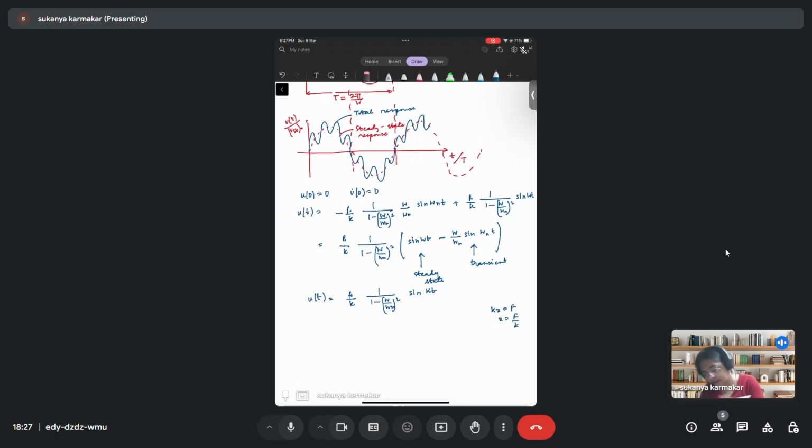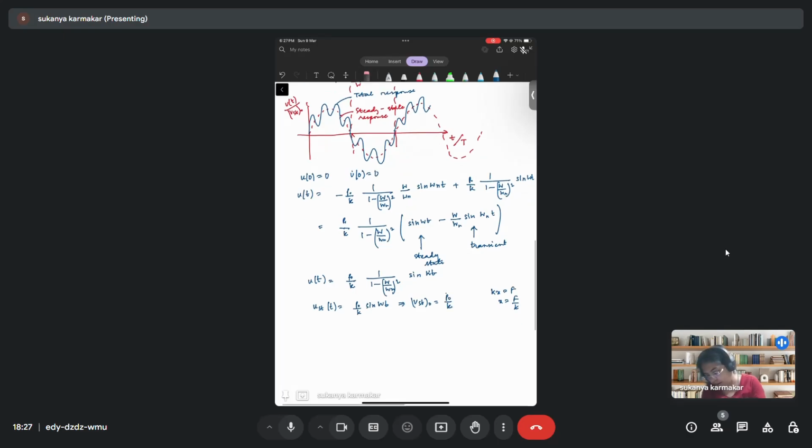If we use the same concept here, ust as a function of time will be p naught by k sine of omega t, and the maximum value of this is when sine omega t turns out to be 1. So ust naught is equal to p naught by k.